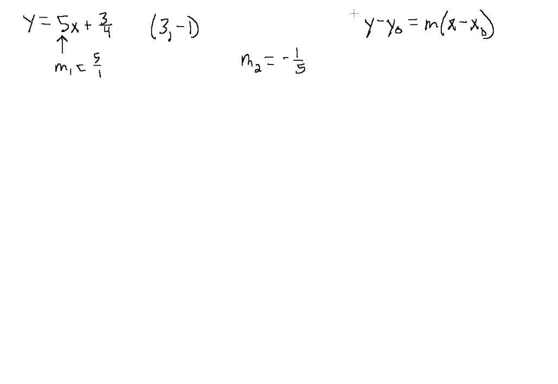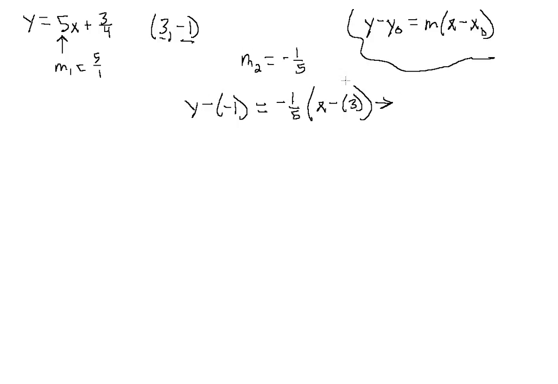Okay, so we're using this form, so let's go ahead and plug in what we know. We have y minus y naught, which is a negative 1. Let's be careful with our signs. Our slope is m, so we have minus 1 over 5 times x minus x naught, which from the given point, we just have 3.